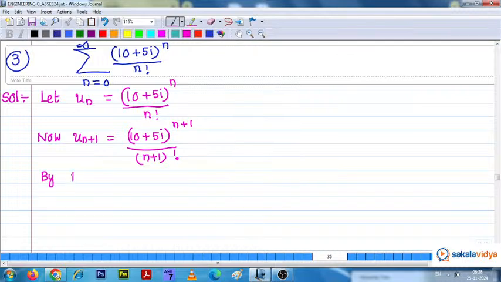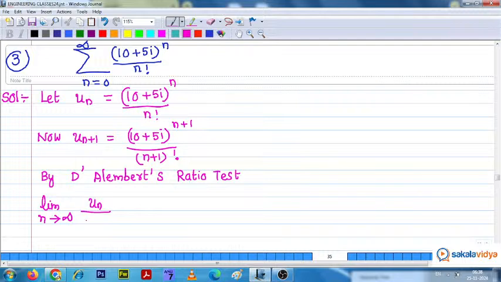By D'Alembert's ratio test, we have limit n tends to infinity un upon un plus 1.